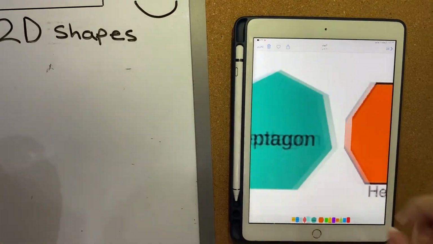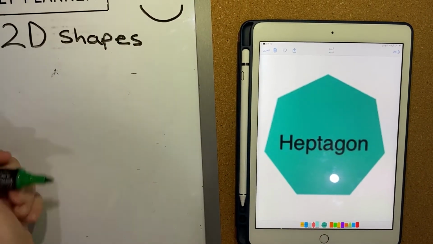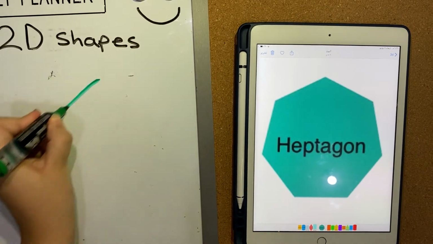So let's go for the next shape. Okay, the next one is the heptagon. So the heptagon has, let's see how many sides.